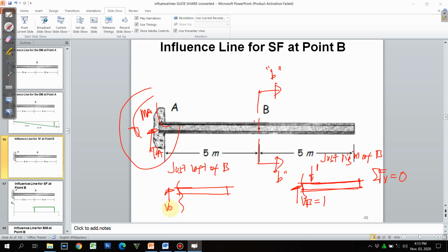This is VB and 1 is still within AB. Therefore, VB is equal to 0.